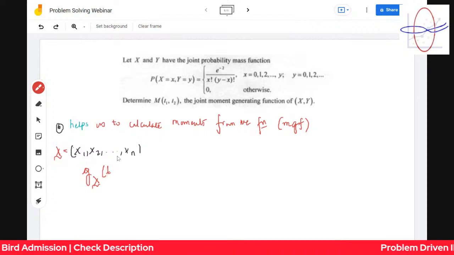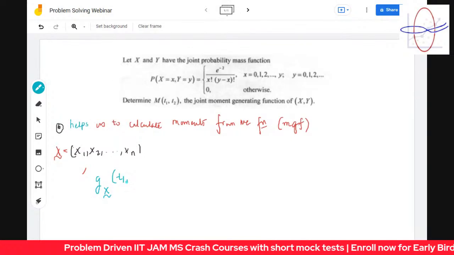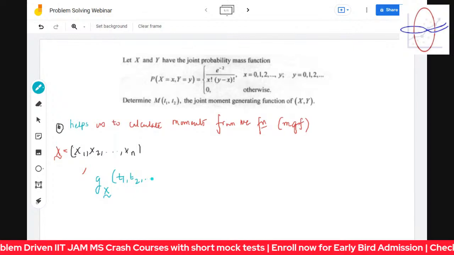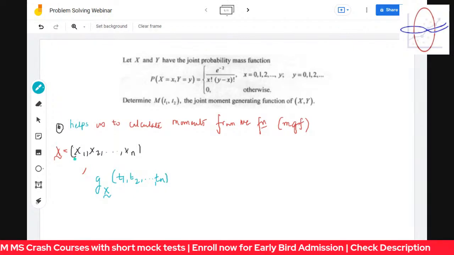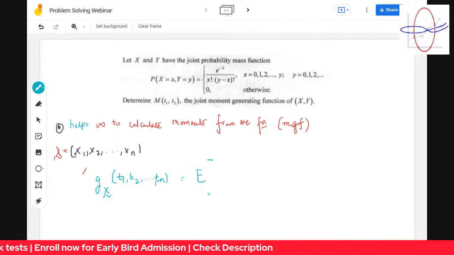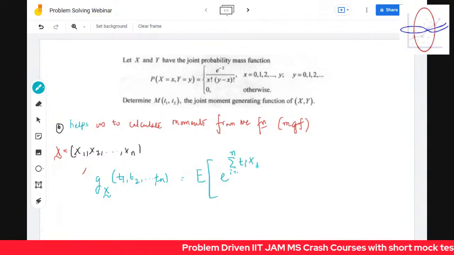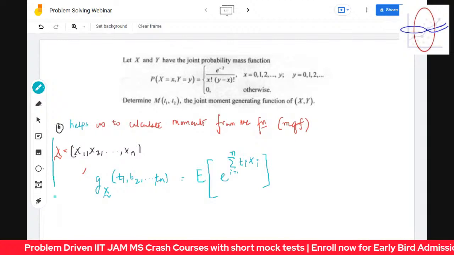The moment generating function is actually a multidimensional function. So g_X of t1, t2, ..., tn, with exactly the same number of variables, is defined as the expectation of e to the power summation i from 1 to n of ti Xi. This is how the joint MGF is defined.